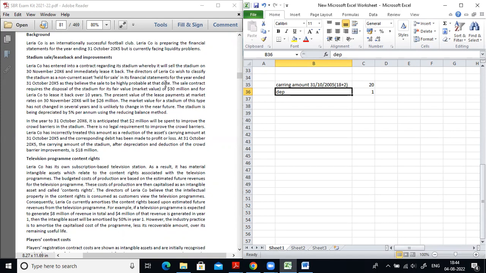So we should also charge depreciation for 1st November 2005 to 31st October 2006, and since the company decided to sell it on 30th November 2006, we need to charge depreciation again, for November 2006.